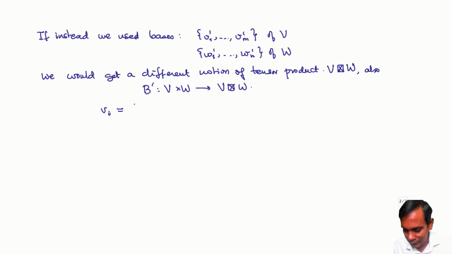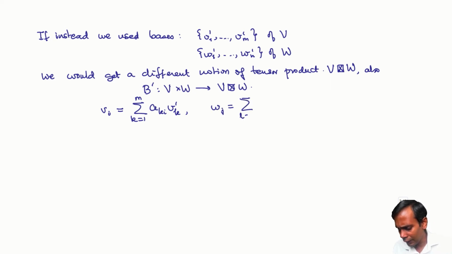So this, let's say, is equal to the sum over k from 1 to m of a_ki v_k prime, and similarly let's say w_j is the sum over l from 1 to n of b_lj w_l prime.